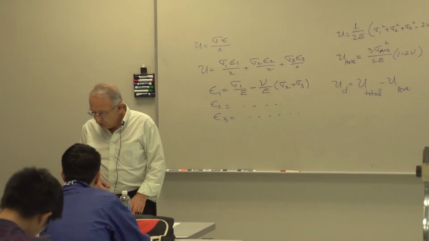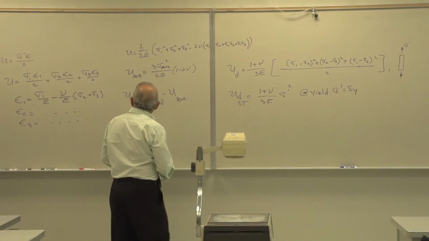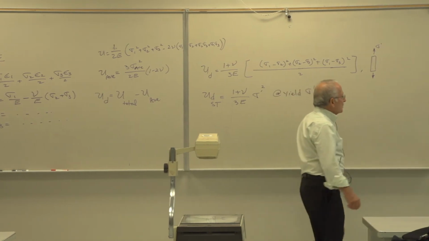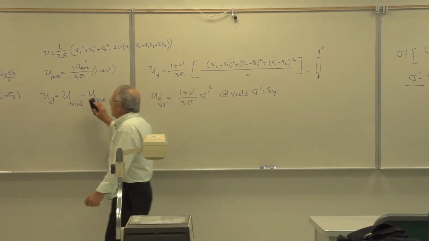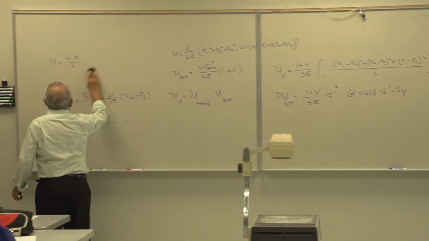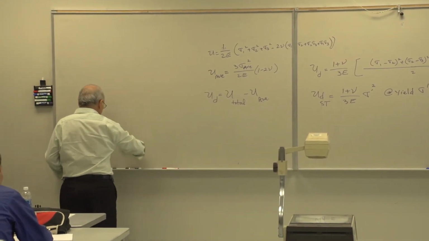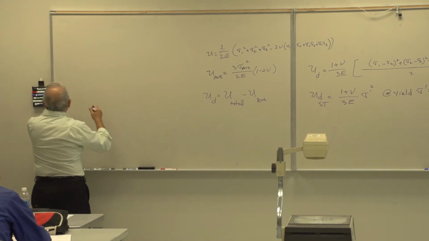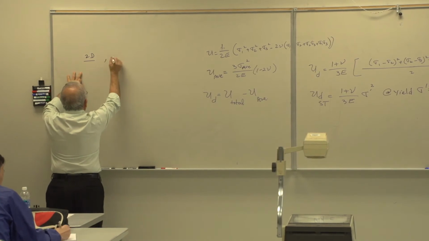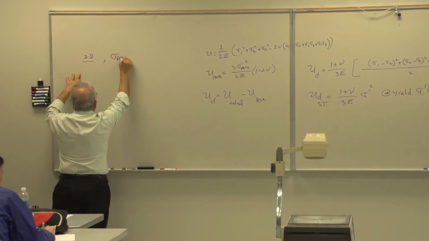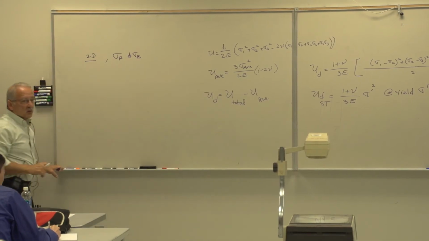If you have a 2-dimensional case, then the equation for von Mises stress becomes this. If we only have a 2-dimensional case where we have sigma A and sigma B, the third principal stress is 0.